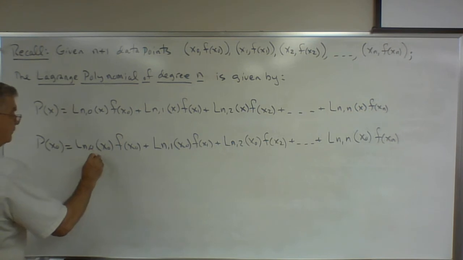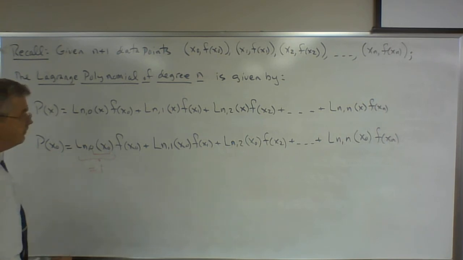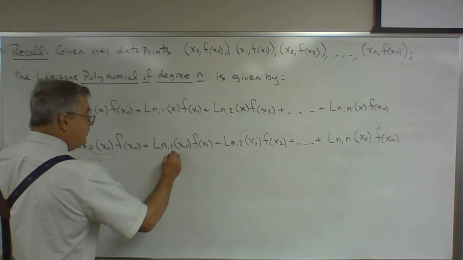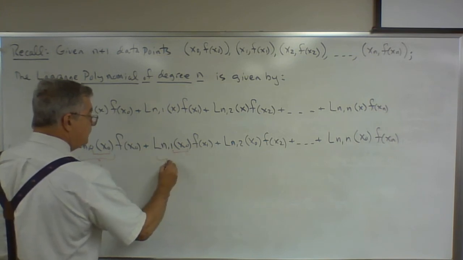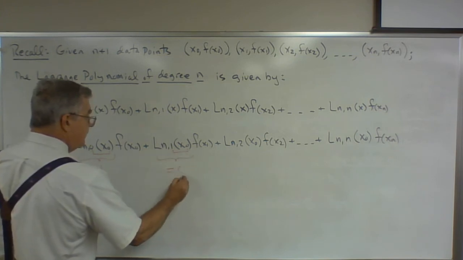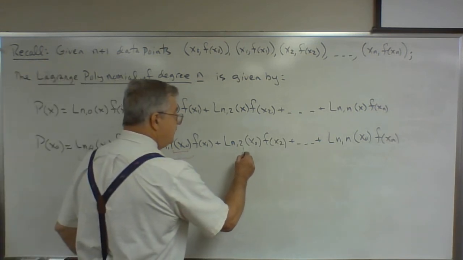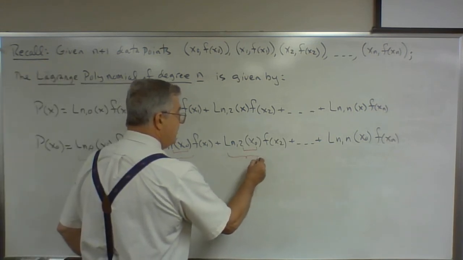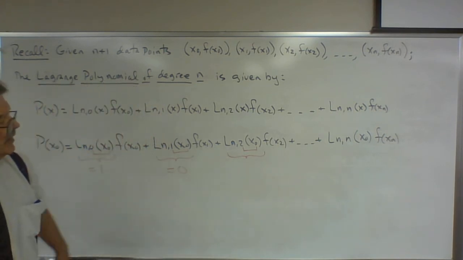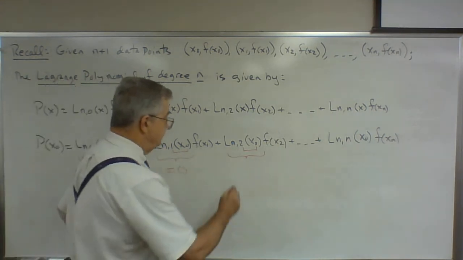These two subscripts match. So this is equal to 1. These two subscripts don't match. This is equal to 0. These two subscripts don't match. So this is equal to 0.